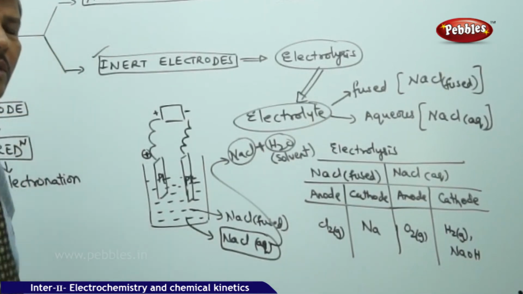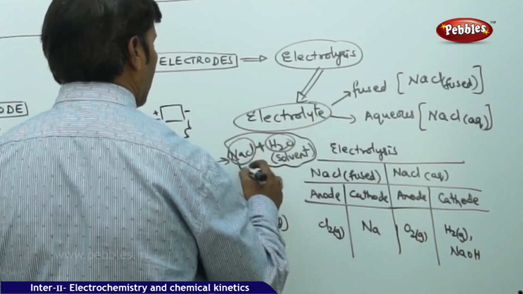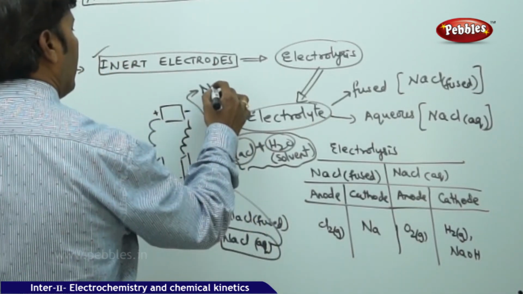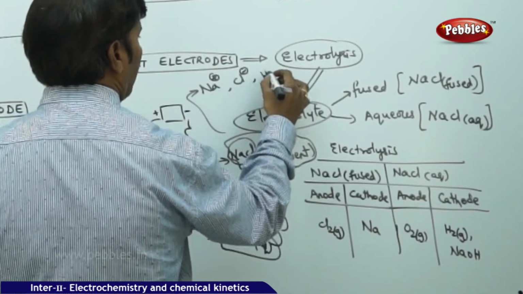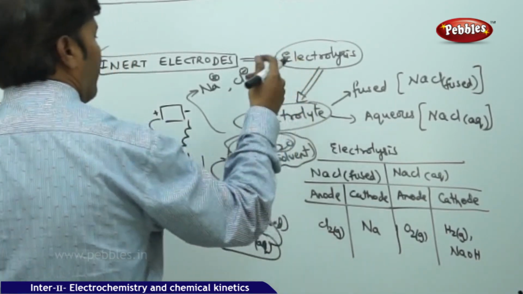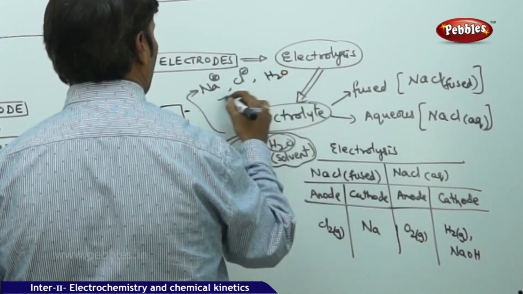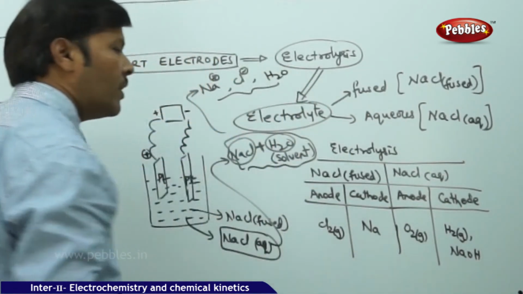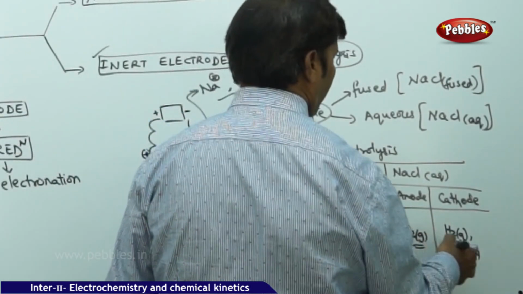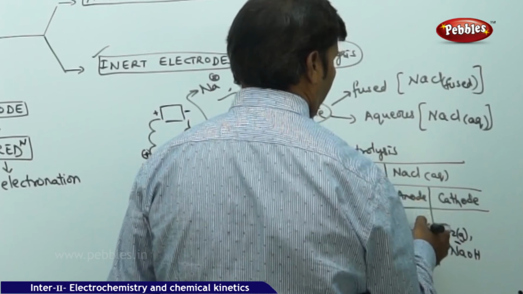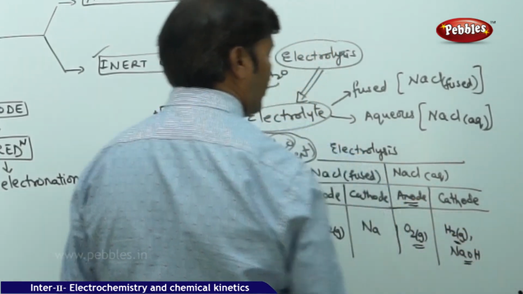There is a competition going on between Na plus, Cl minus, and H plus and OH minus from water. Because of that competition, there is a difference in the products: at the anode we get O2 gas and at the cathode we get H2 gas as well as NaOH.